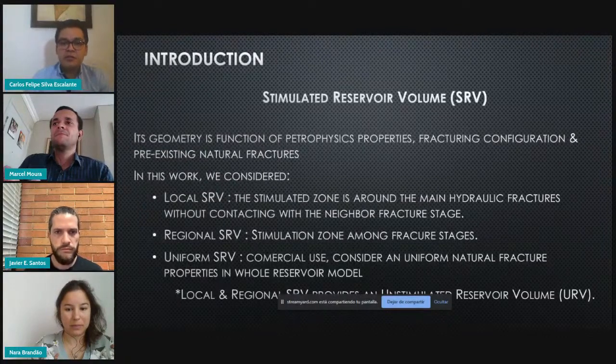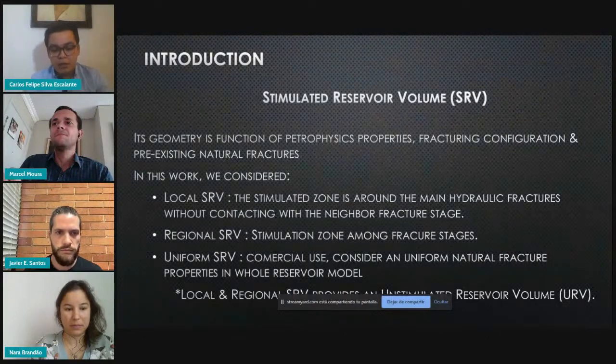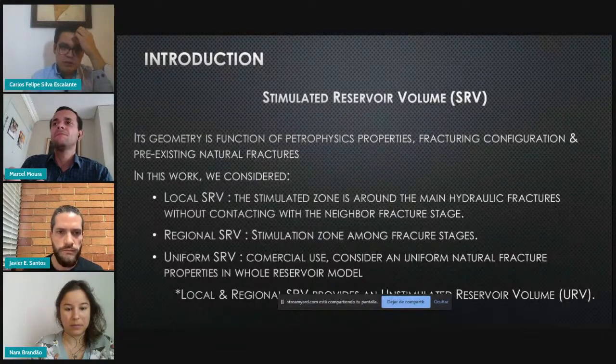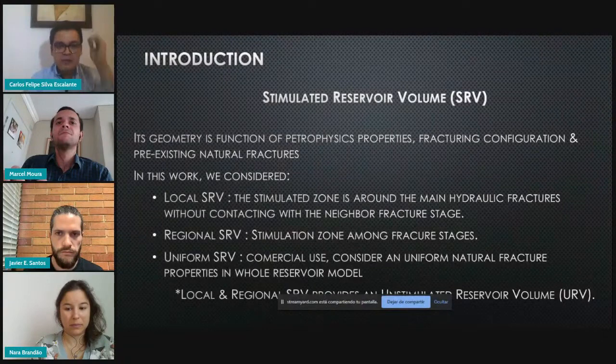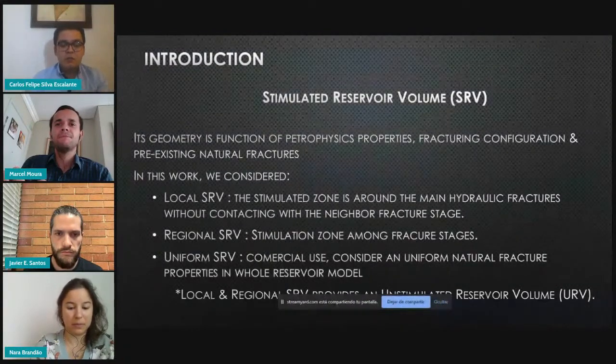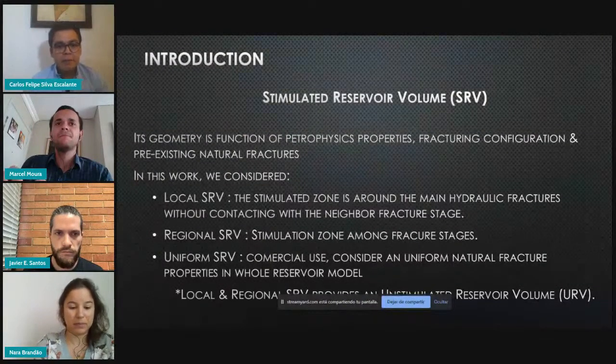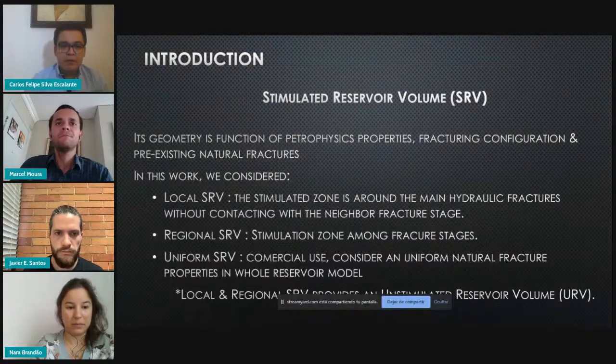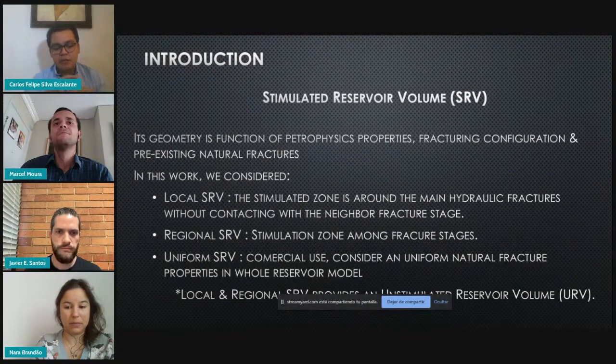As an introduction, the stimulated reservoir volume is an important part of the reservoir study. Its geometry is a function of petrophysical properties, fracturing configuration, and pre-existing natural fractures. In this work we considered three types of SRV: a local SRV, where the stimulated zone surrounds the main hydraulic fractures without contacting the neighbor fracture stage.